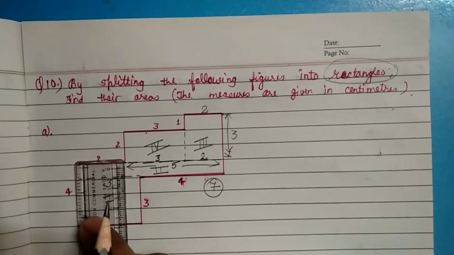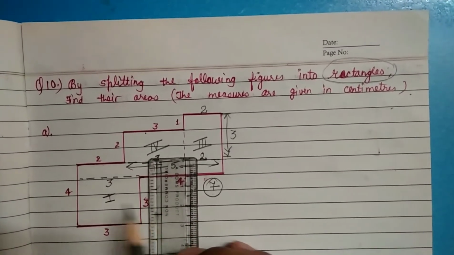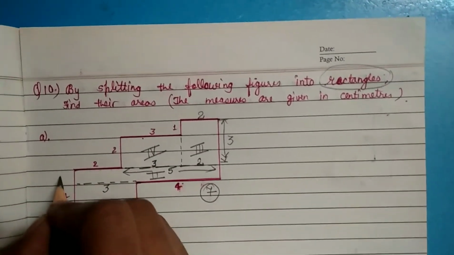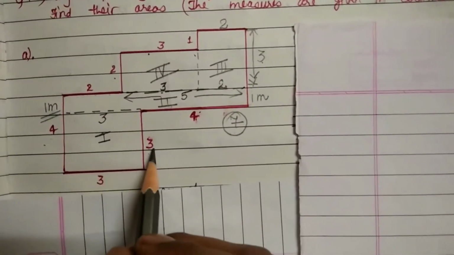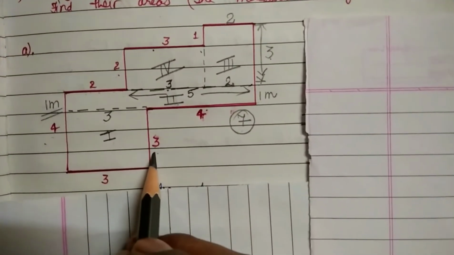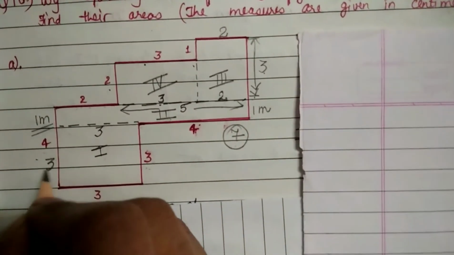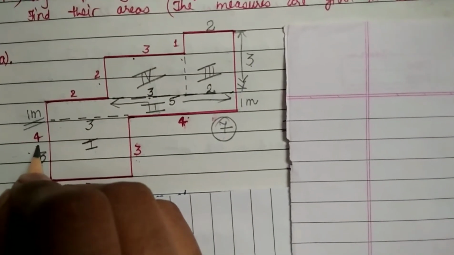Here we have 4, but here we have 3. So 4 minus 3 is 1. It means here we have 1 and here we have 1. And in the first one, if this side is 3, so this side is also 3. Is 3 plus 1 equal to 4? Yes, 3 and 1 together form 4.